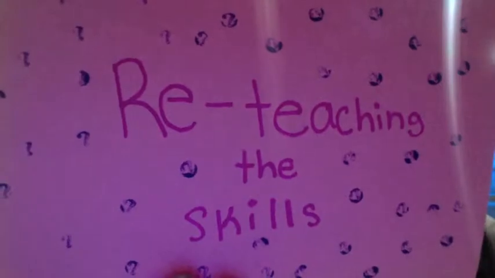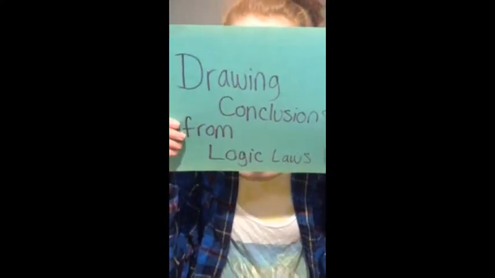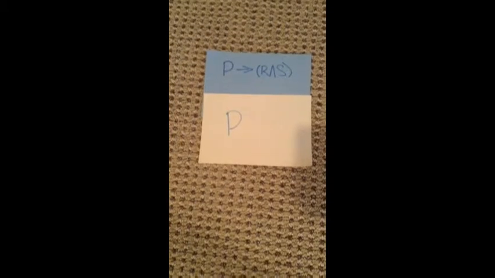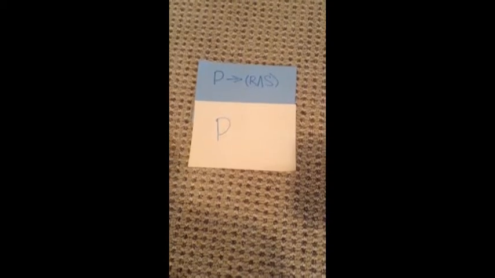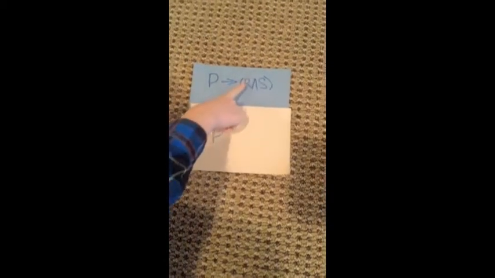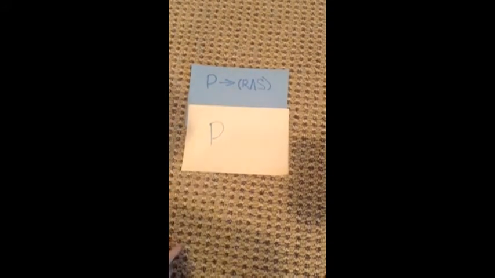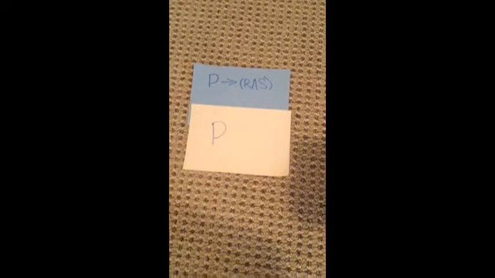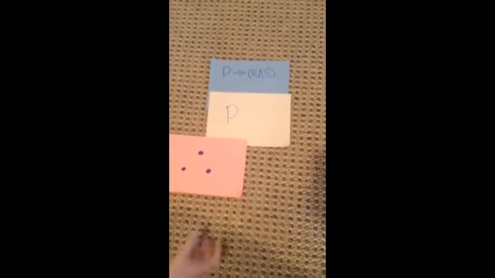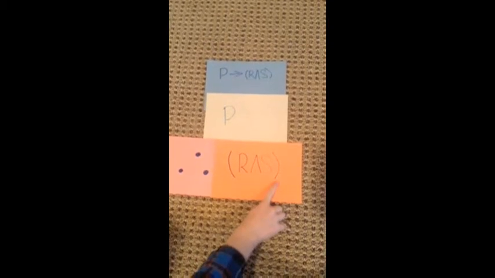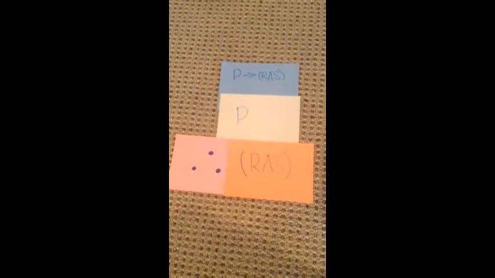Reteaching skills. Drawing conclusions from logic laws. Problem number 1. If you are given P to (R and S), and you are given P, you can conclude (R and S) because of the law of detachment.